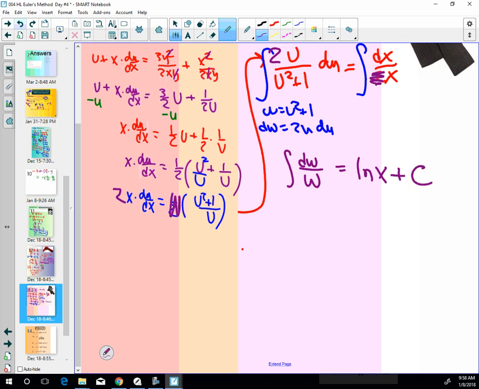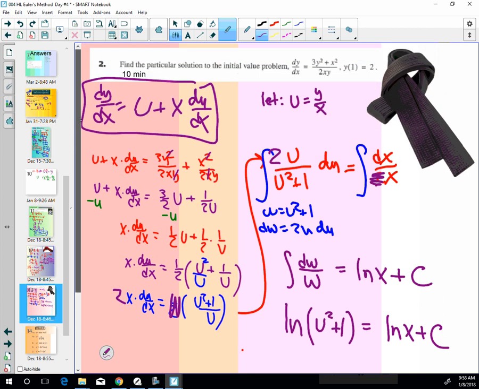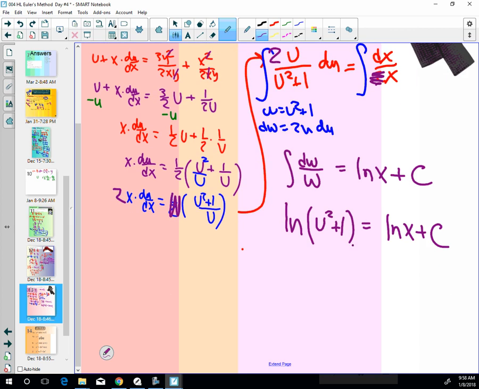And what's the antiderivative of dw over w? The natural log of w, which was u squared plus 1, equal to the natural log of x plus c. Did they give us a point on this one? Oh, 1, 2. See what you can do with that.